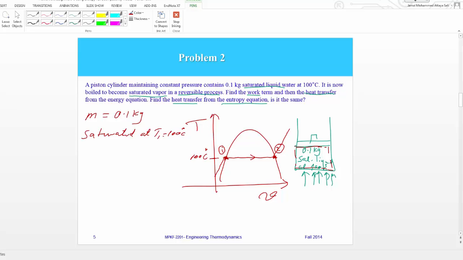And then the final state, state 2, again everything is saturated vapor, still at T2 equal 100 centigrade. So you can see T2 and P2 actually is constant. So state 1 and state 2 are fully defined.